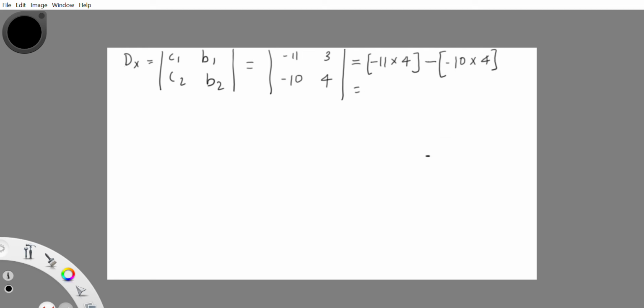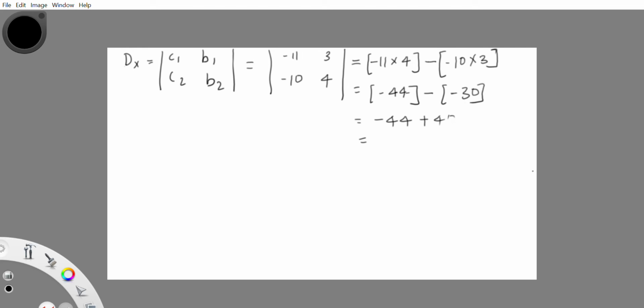So this is equal to minus 44 minus of minus 30.